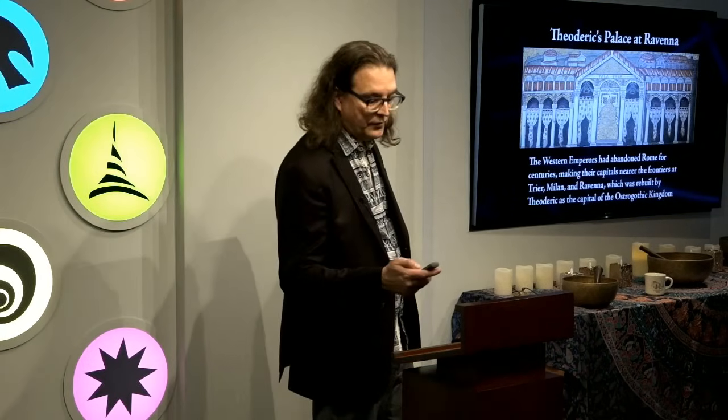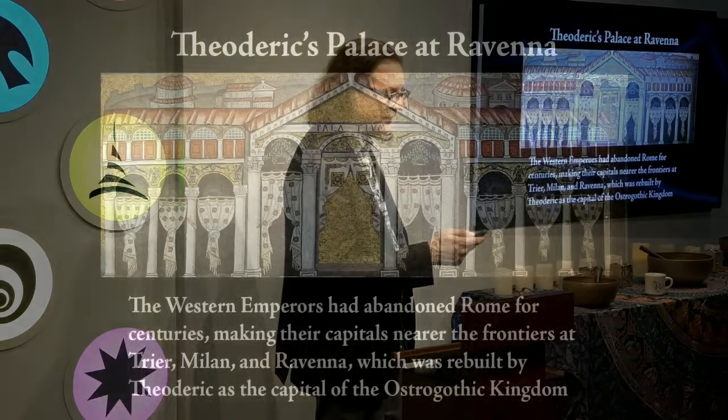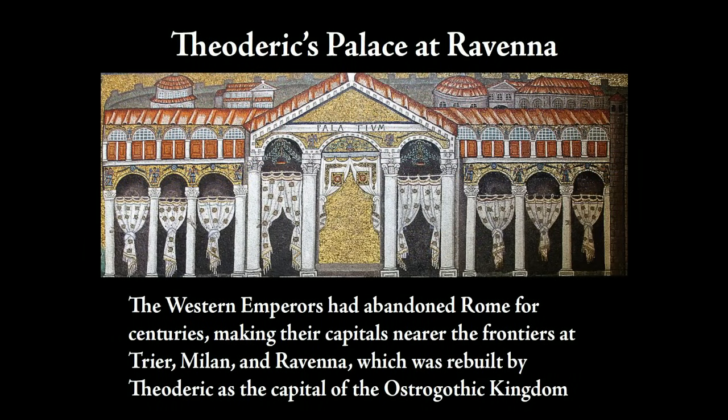And when I showed you this before, this picture of Ravenna and this palatium here, so this palace. This, in fact, is in a chapel that is part of the palace complex, this mosaic. And it's the palace that is built by Theodoric and the Ostrogoths, including this chapel, including these Roman mosaics.